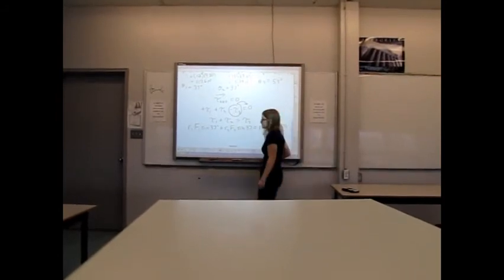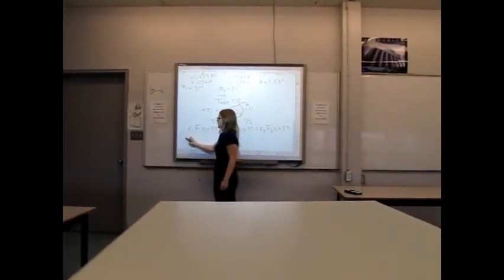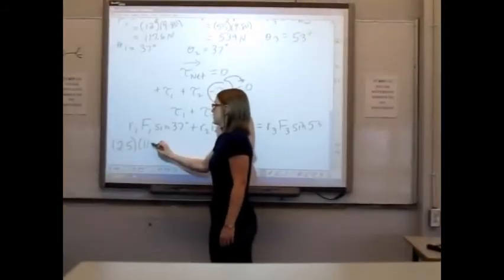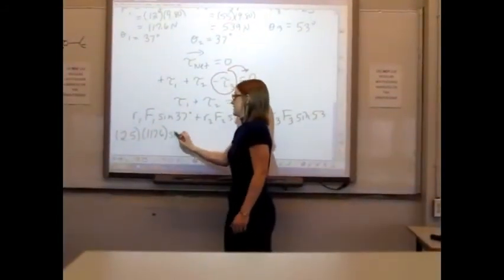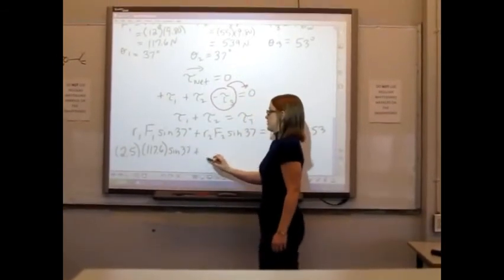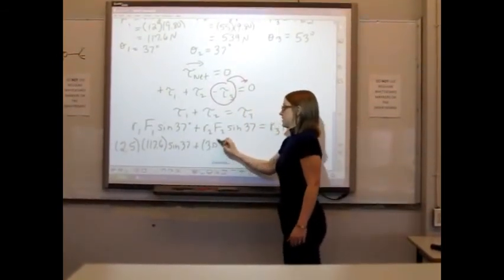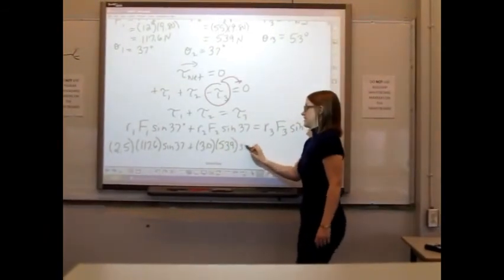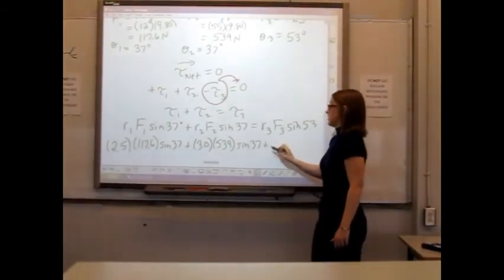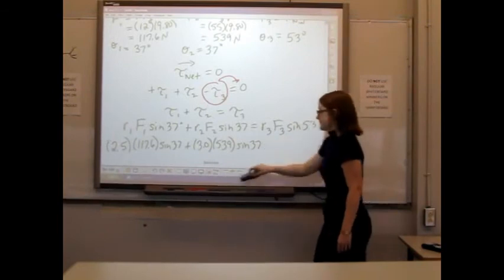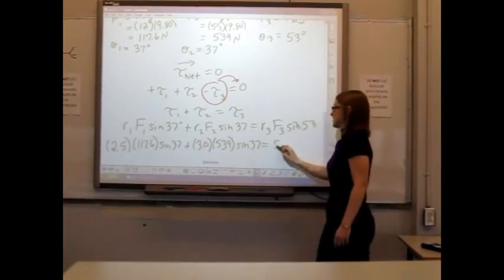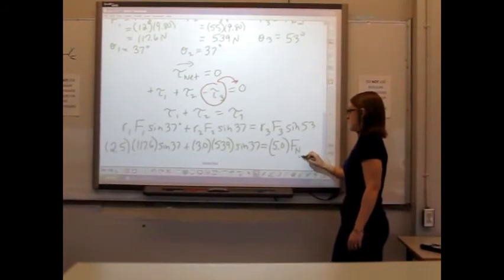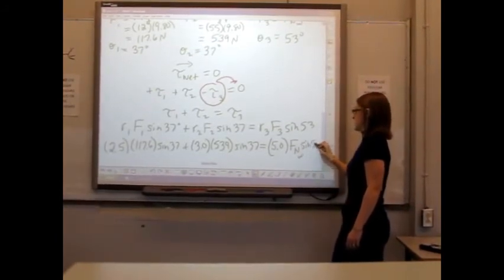Okay, so now that we have our torque equation plugged in, we're going to put in all our numbers. So we got the ladder, 2.5 from the pivot, weight of the ladder, and sine 37, plus the person, which is 3 meters up the ladder, and their weight is 539, and that's sine 37, equals the full distance of the ladder times the normal force of the wall times sine 53.